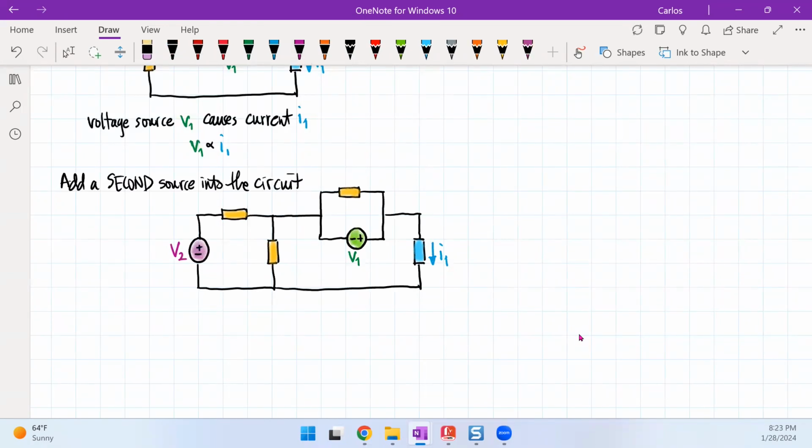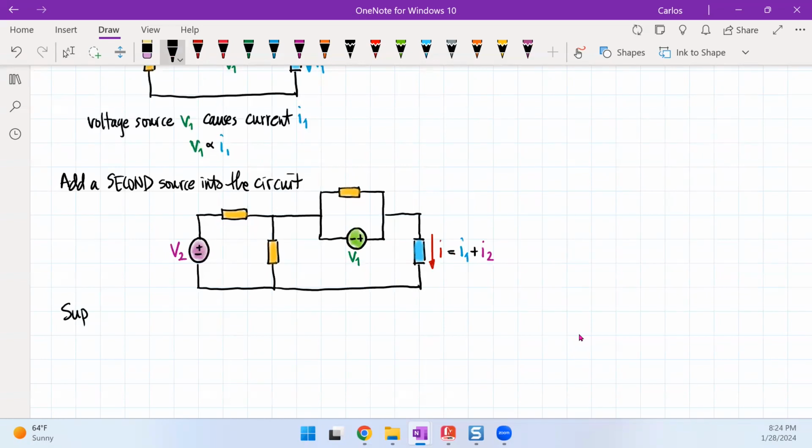So now if I focus on the current of this source, here's what we're going to find: the net current I is going to be equal to not only the first current, but also the second current. And this is what we're saying is superposition here.